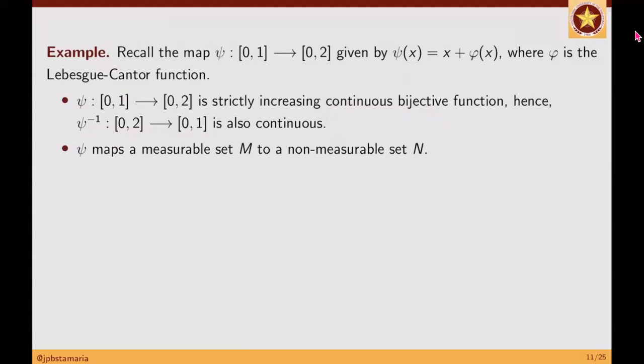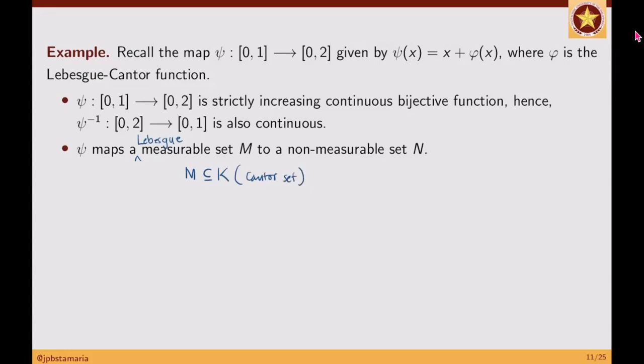If you can remember, we proved this last time. This function psi maps a Lebesgue measurable set M to a non-measurable set N. Yung M dito is found as a subset of the Cantor set.